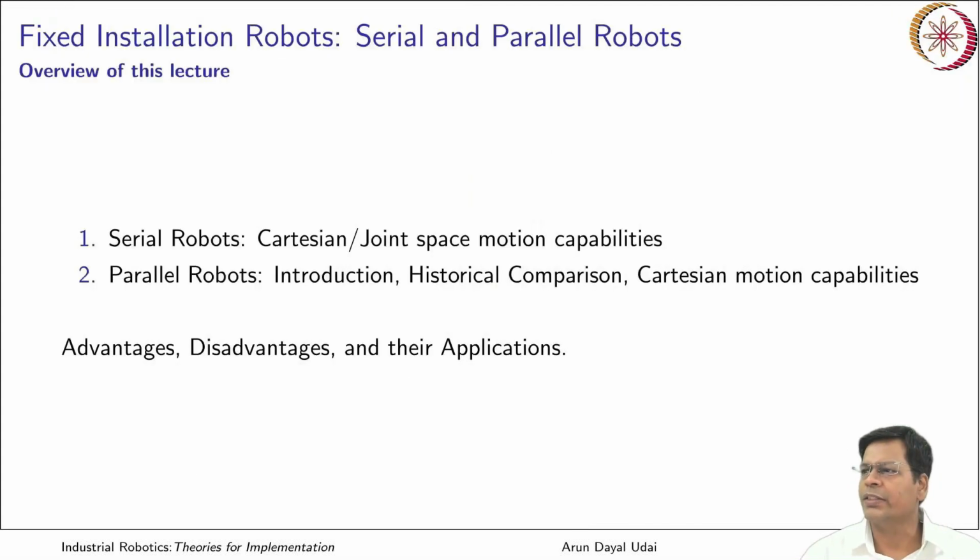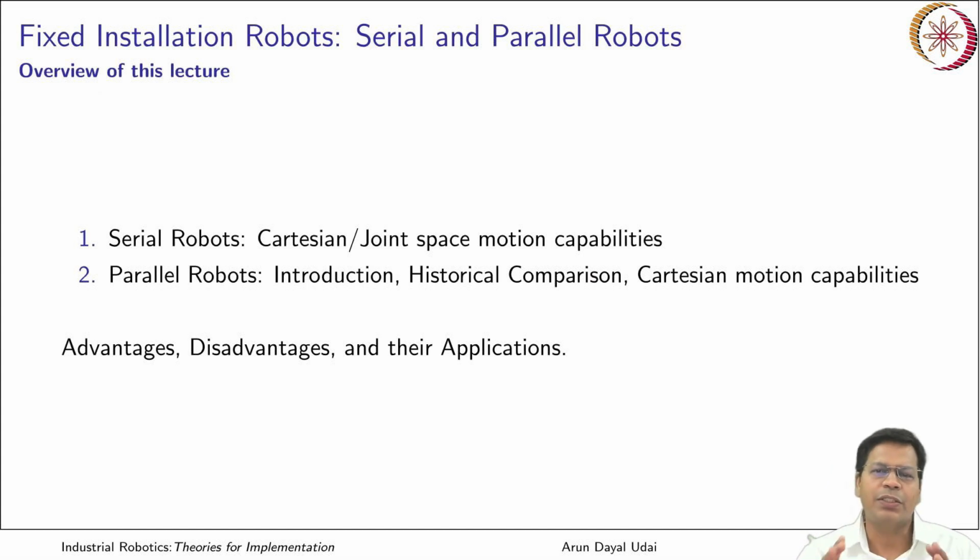So in today's lecture, I'll be covering serial robots, and I'll show you Cartesian and joint space motion capabilities. We'll discuss parallel robots also. I'll introduce you to this special kind of robot, its historical comparison, Cartesian motion capabilities, advantages, disadvantages, and their applications. Why is this special discussion required?